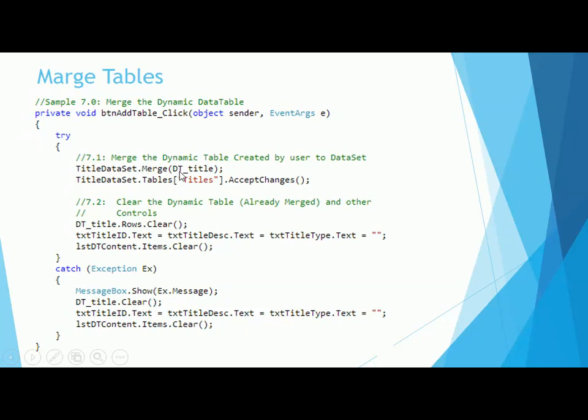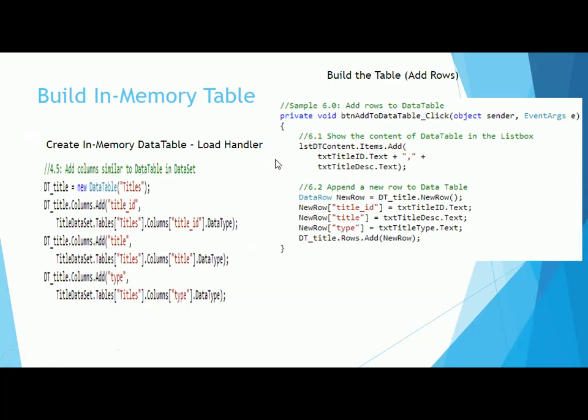Because the DT title is a data table which has the same name as the previous data table. For example, here I am creating the data table with the same name, titles. And if you remember, in the adapter.fill method, we gave the data table name as titles.